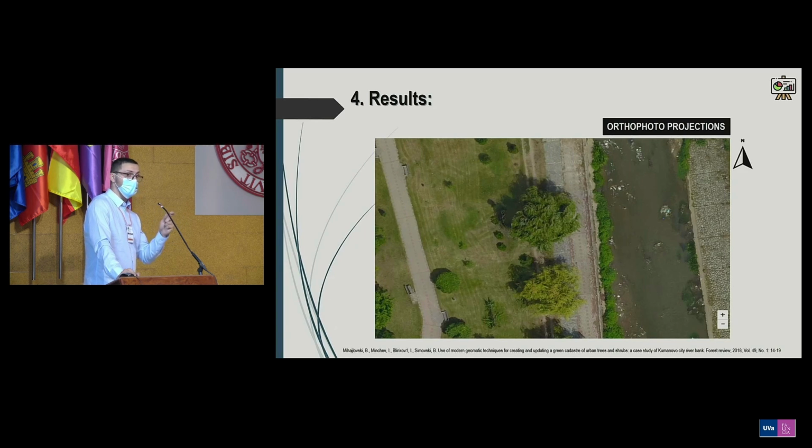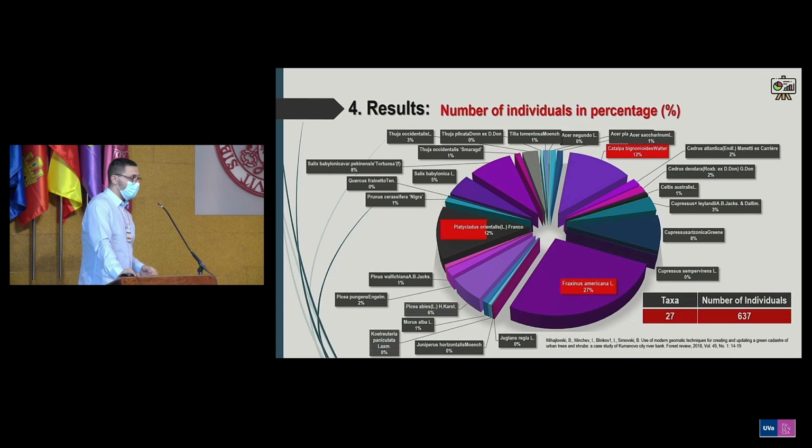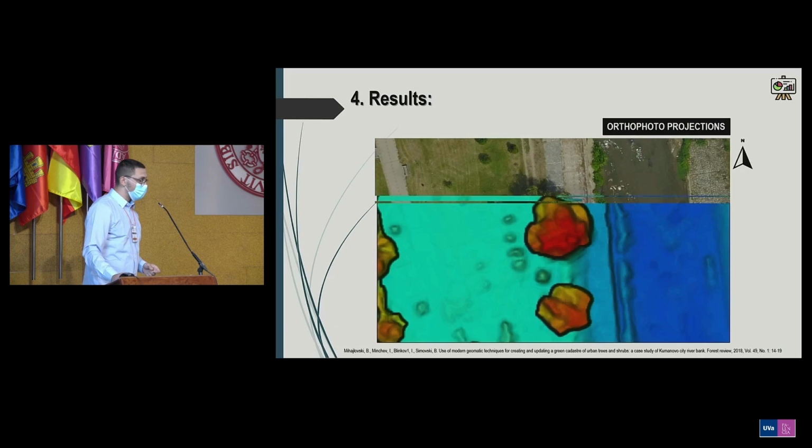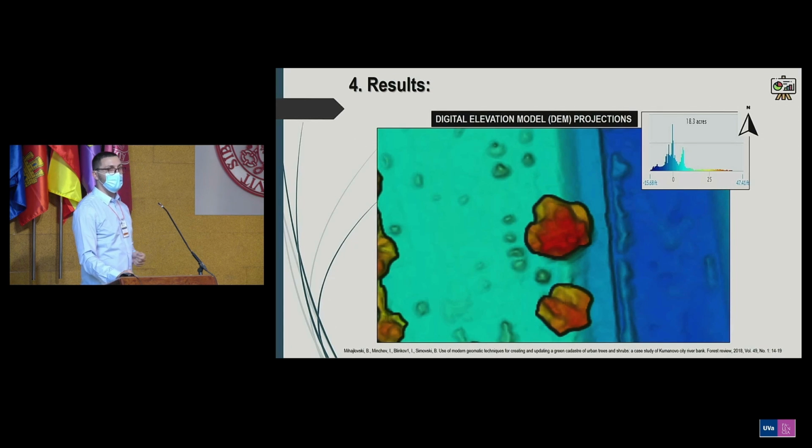It's a very, very high resolution where you can see a lot of details in the picture. Next, I obtained the digital elevation model, which shows that the data I had from the field survey was actually accurate, because as you can see in the legend, most of the trees are from 0 to 10. So it was a proof of my data.